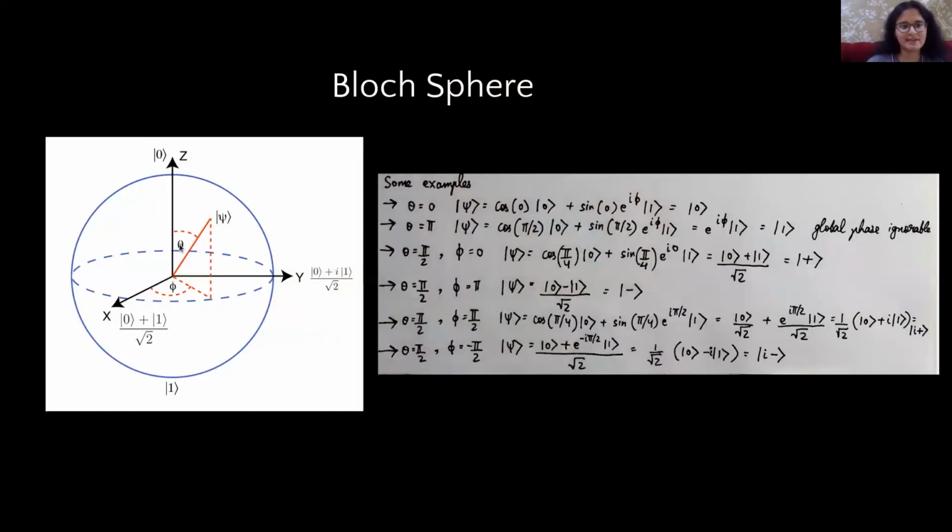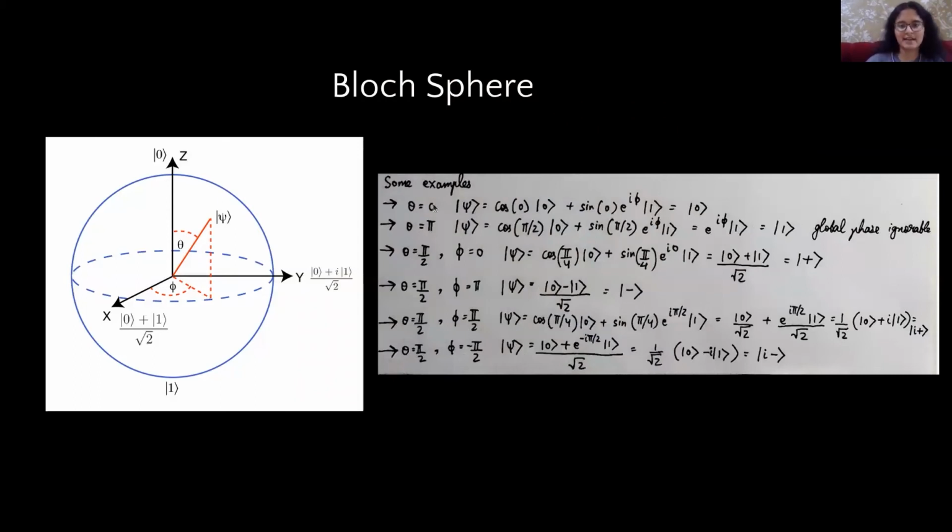Now, if we take this theta and make it 0, then it means that our qubit is in the direction of ket 0. So basically it's ket 0. And it doesn't really matter what its angle phi is, because no matter what, it will still point in the z direction or the ket 0 direction.